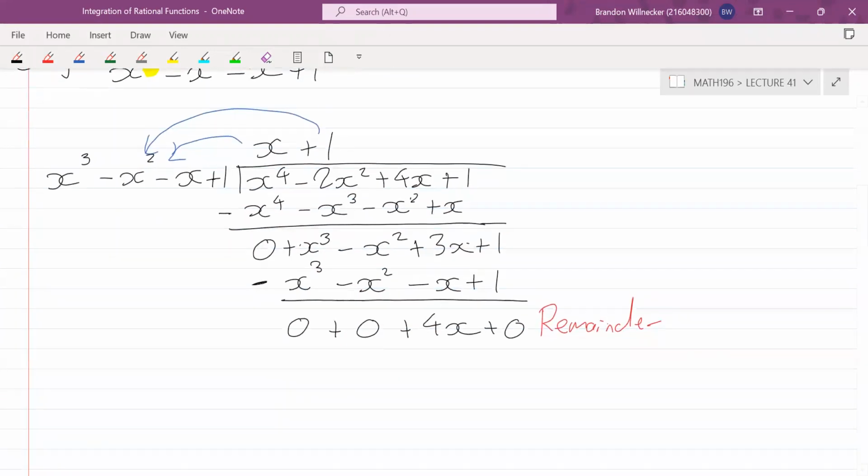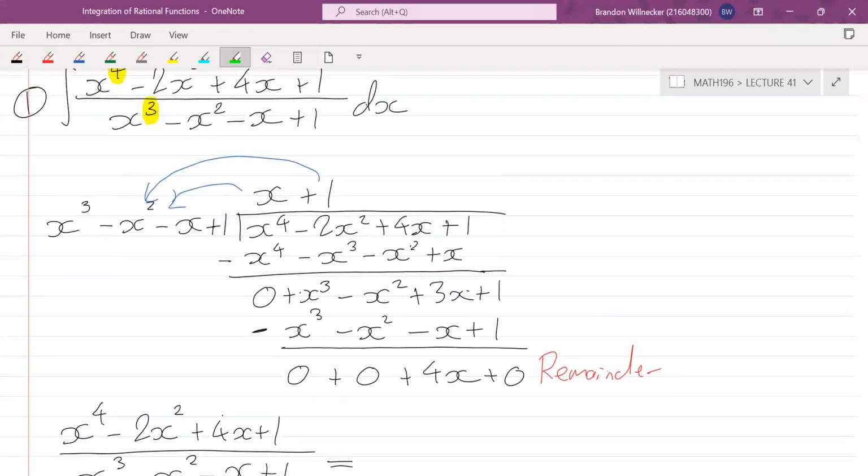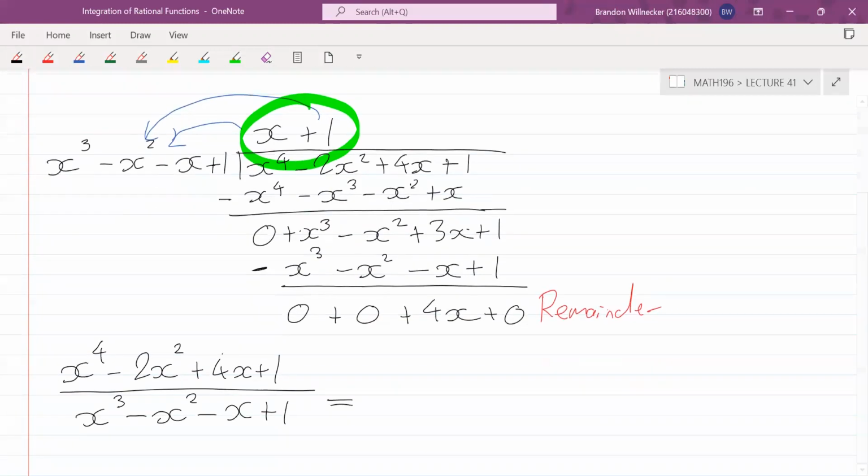So in fact, our rational function, the x to the 4 minus 2x squared plus 4x plus 1, if we divide this by x cubed minus x squared minus x plus 1, we're going to be left with this whole part, like I said in the previous lecture.